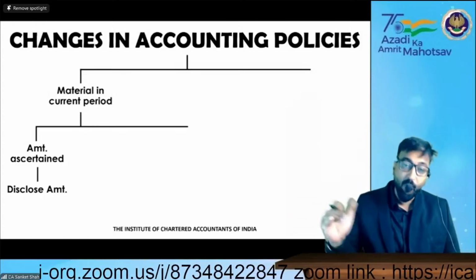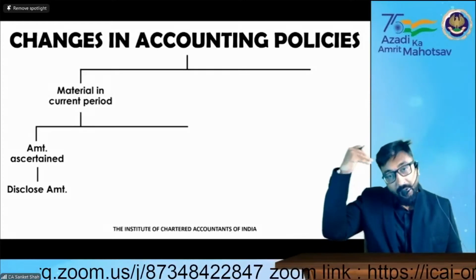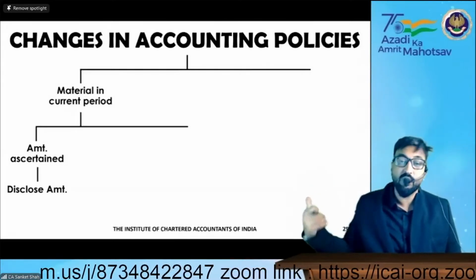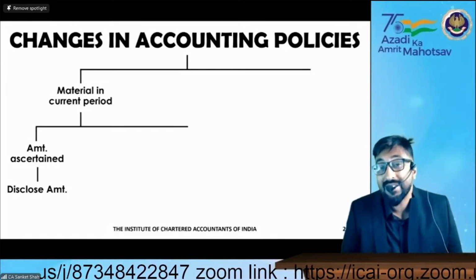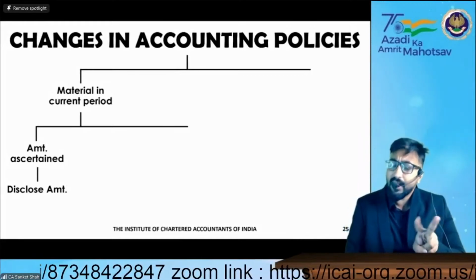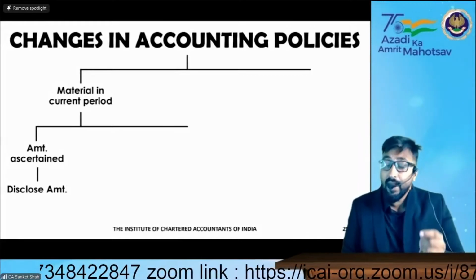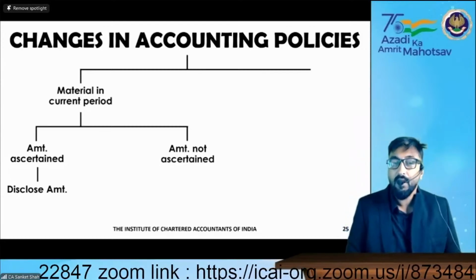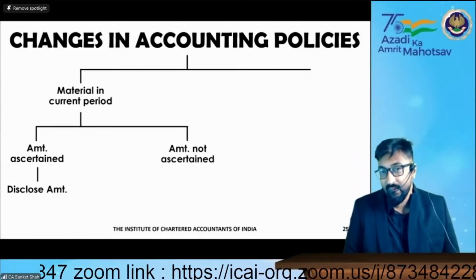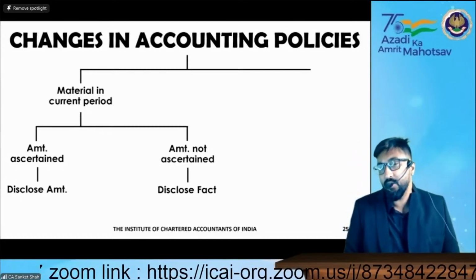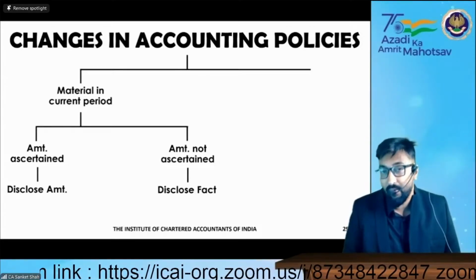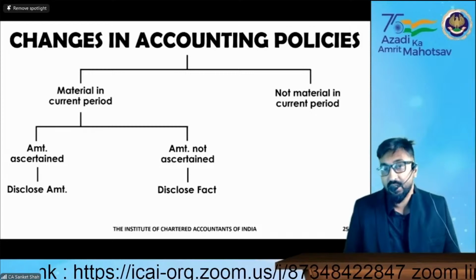If I had followed the same method, my profit was 5,000 rupees, and now that I changed the method, my profit is 5,700 rupees. So if it is ascertainable, record that in the notes to accounts. If the amount is not ascertainable, then the facts should be disclosed: we shifted the method, but we cannot ascertain the amount of change.